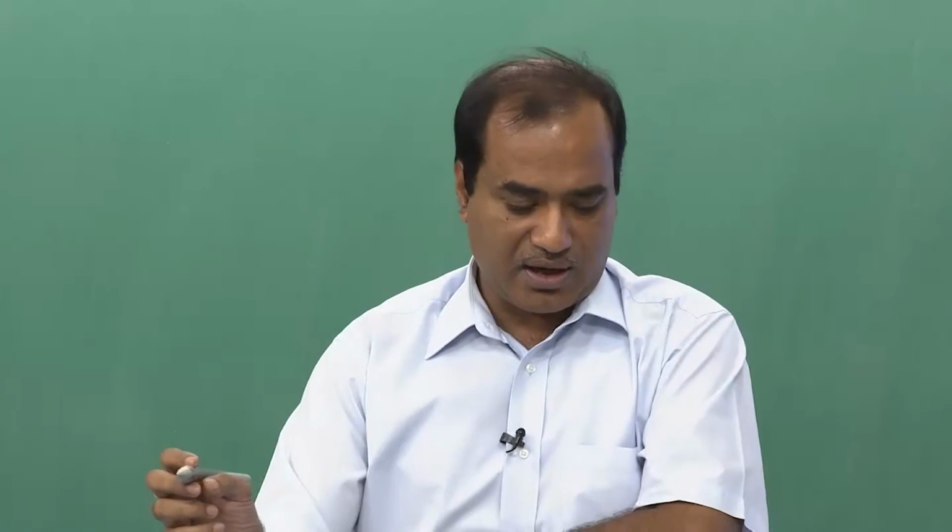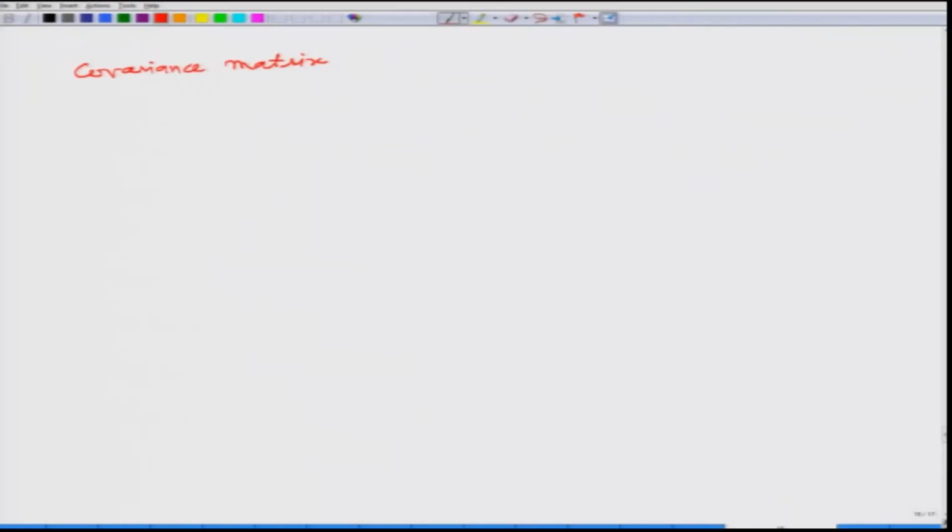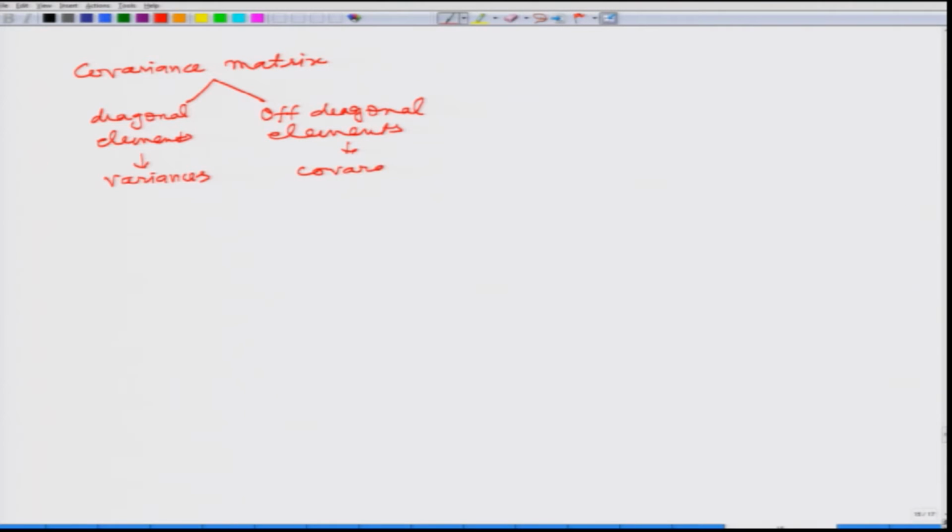So, when we talk about the covariance matrix, it has two types of elements, diagonal elements and off diagonal elements. The diagonal elements give us an idea of the variances and off diagonal elements give us an idea of the covariances.